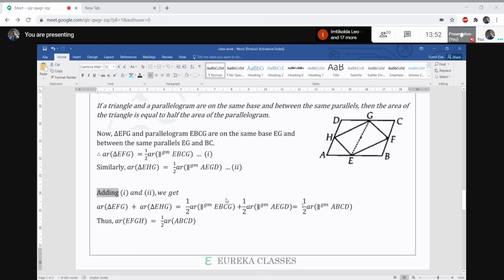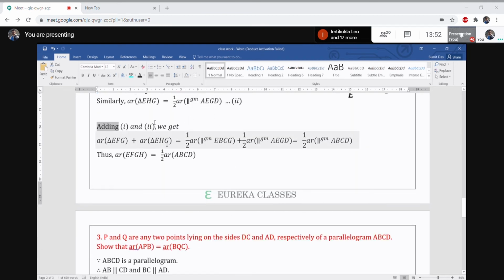Okay, so what are we getting on the right hand side and left hand side? Right hand side we will get, let me complete three things. One here.